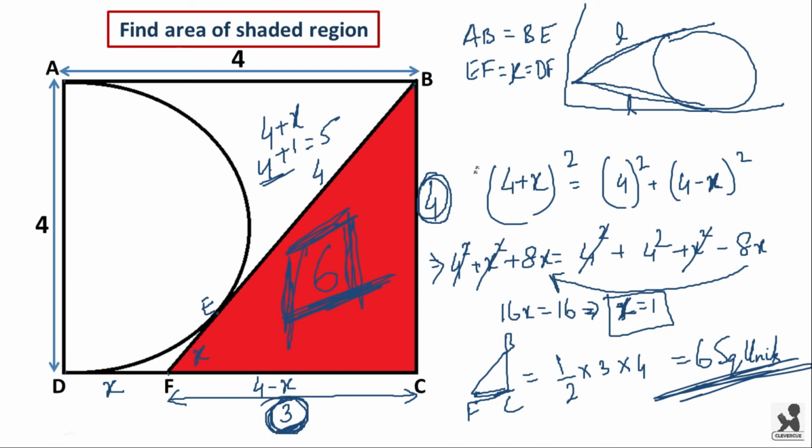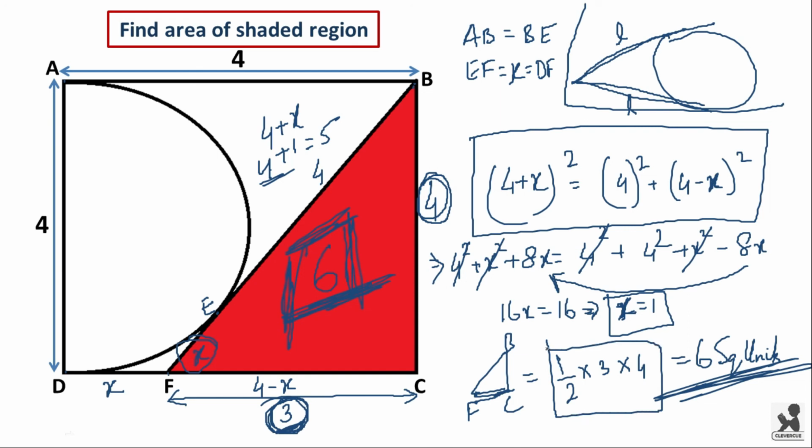And by using the Pythagoras theorem here, we found the value of x. After finding x, we know the length of 4 minus x will be 3. And now by using the basic area formula, area of a triangle is half base into height, we calculated half into 3 into 4, and we get 6 square units. So the answer is 6 square units.